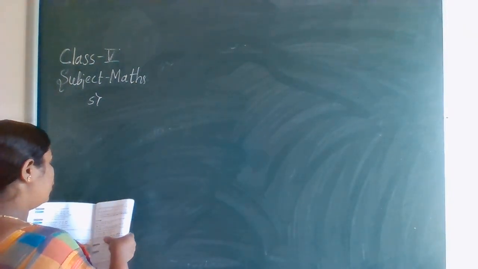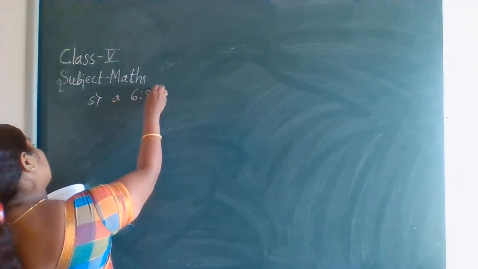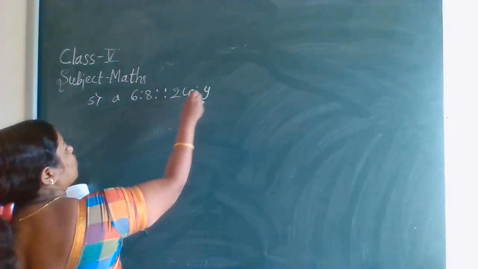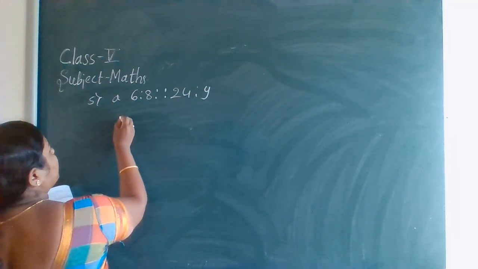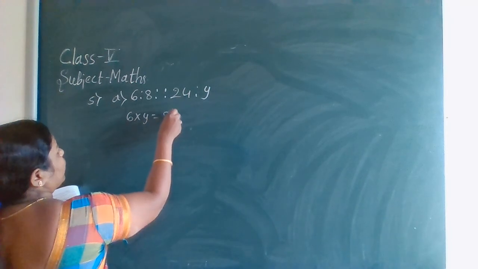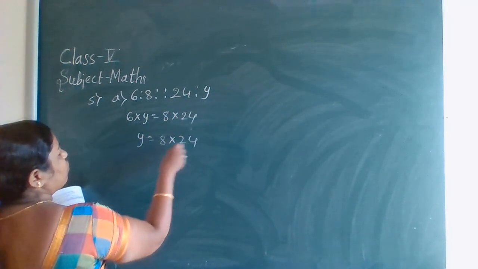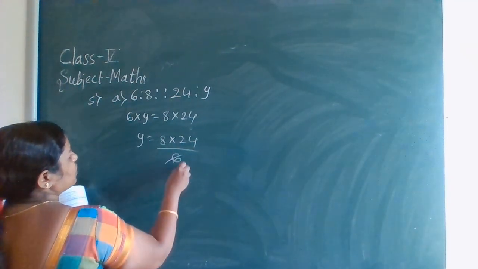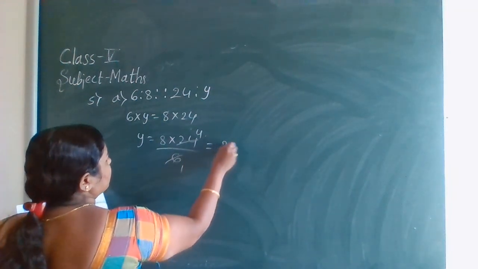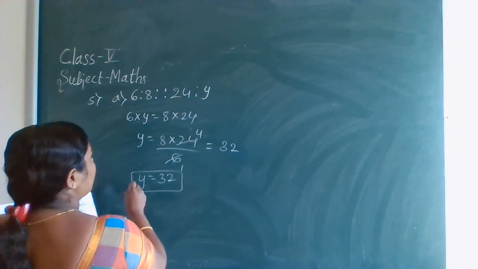A. 6 is to 8, 24 is to y. Again, product of extremes equal to the product of means. Y is equal to 8 into 24 by 6. 6 ones are 6, 6 fours are 24, 8 fours are 32. So y is equal to 32 is the answer.